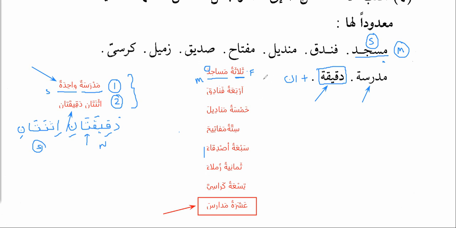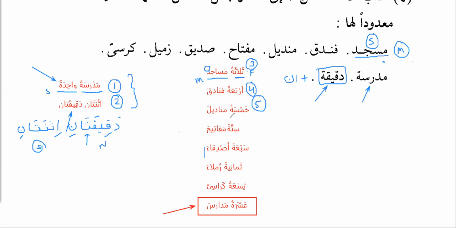So thalathatu, number 3. Thalathatu masajida. Why? Because it's mamnu min as-sarf. Arba'atu fanadiqa. So it's number 4. And number 5, khamsatu, all feminine. Why? Because manadil is plural. When you go back to singular, it's mindil. So it's male.